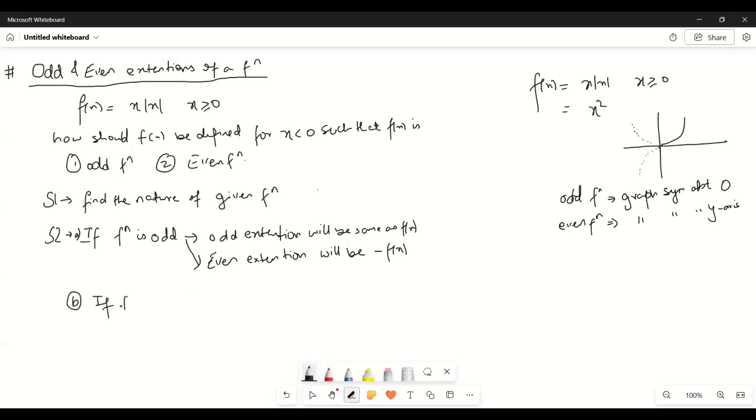Similarly, if a function is even, then its odd extension will be minus f(x), whereas its even extension will be f(x).